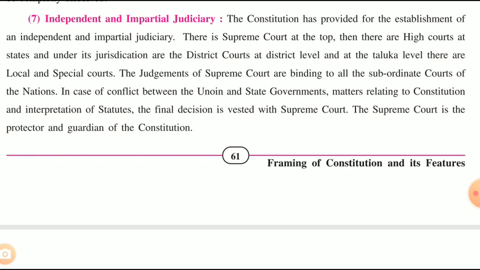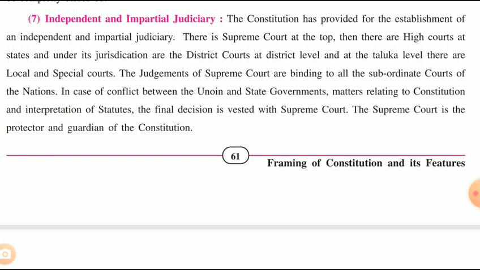In India, the judiciary system has different types of courts. The highest court in India is the Supreme Court that protects and safeguards the fundamental rights of the people of India.